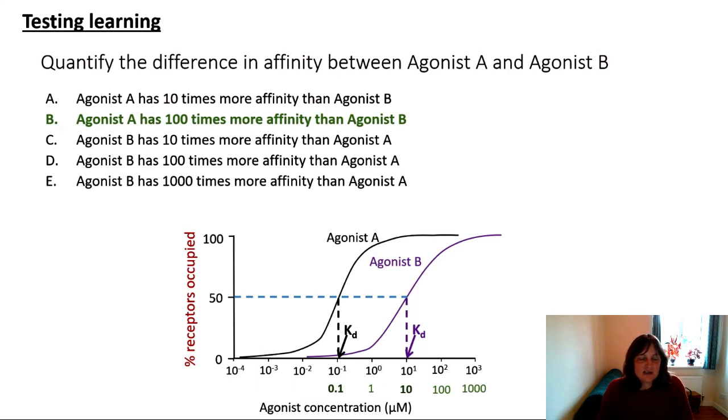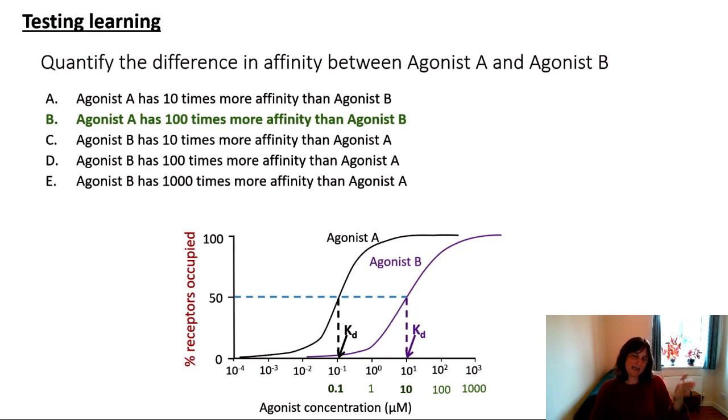So agonist A has 100 times more affinity than agonist B. The first thing we want to look at is that agonist A has a KD which is much lower than agonist B. We can see here agonist A occupies 50% of the receptors when only 0.1 micromolar of the agonist is present, whereas agonist B requires 10 micromolar in order to cause 50% receptor occupancy.